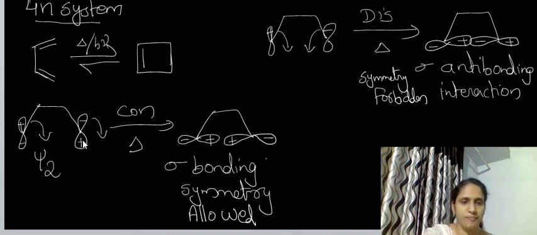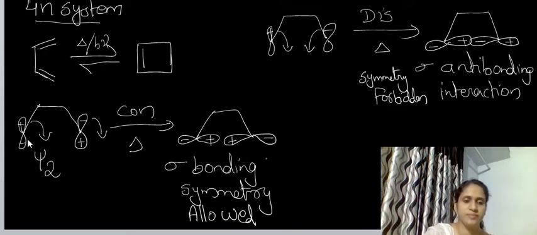First case, in the presence of heat, that is thermal condition. Then we have to know what is the HOMO of the C4 system in the presence of heat. That is, at ground state, Psi 2 is the HOMO of the C4 system.